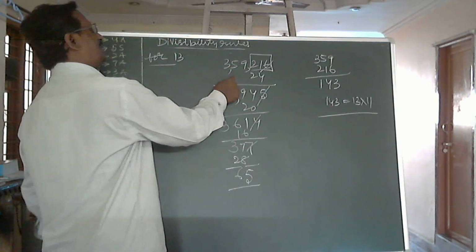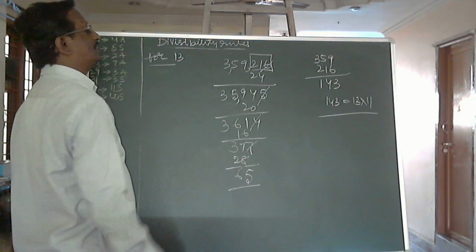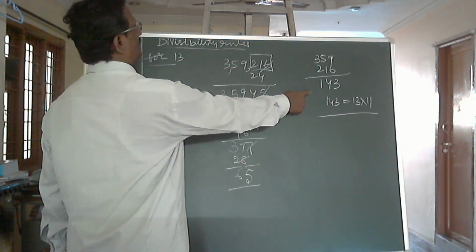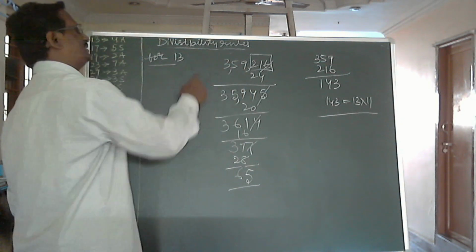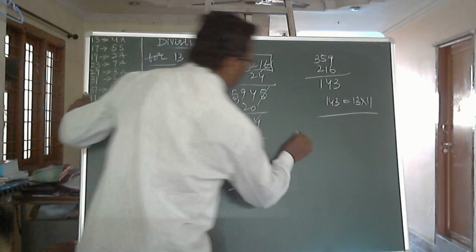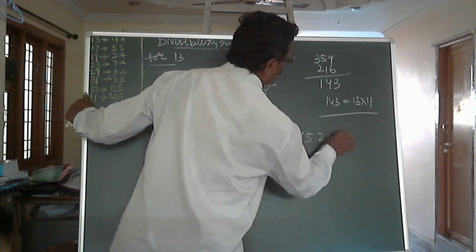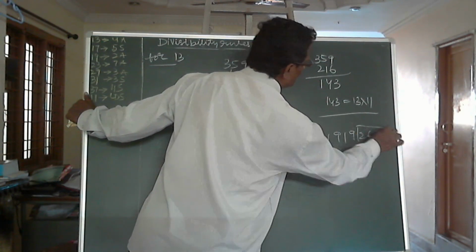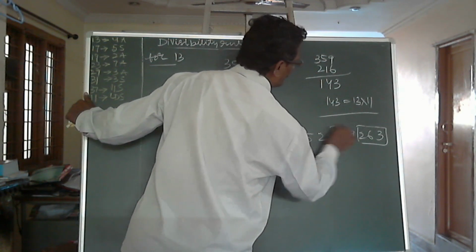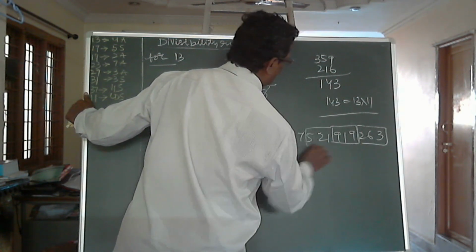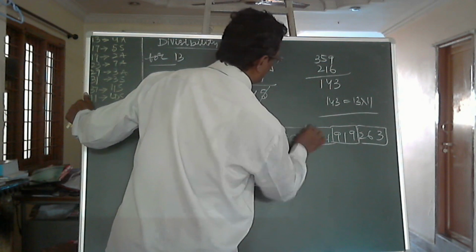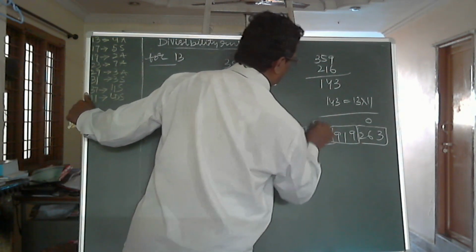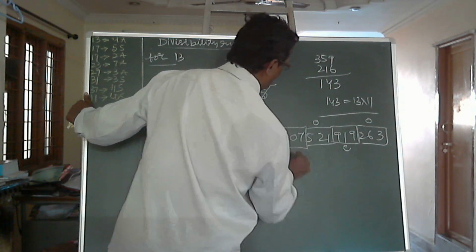Suppose if the number contains more than 6 digits, then the blocks which are in the even places, sum them separately, and the blocks which are in the odd places separately. For example, 7, 5, 2, 1, 9, 1, 9, 2, 6, 3. This is a block, this is a block, this is also a block, 0, 0. This is odd, odd, and this is even, even.